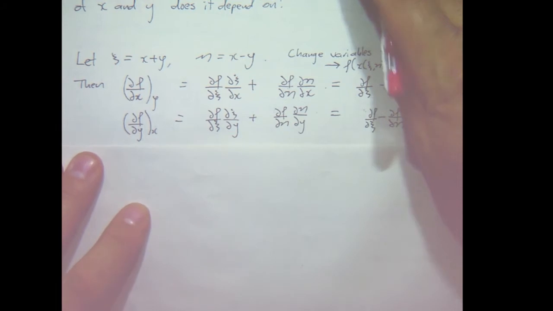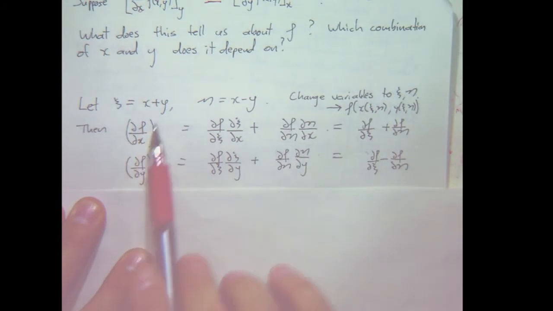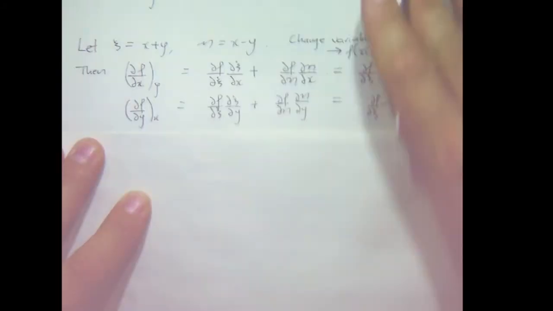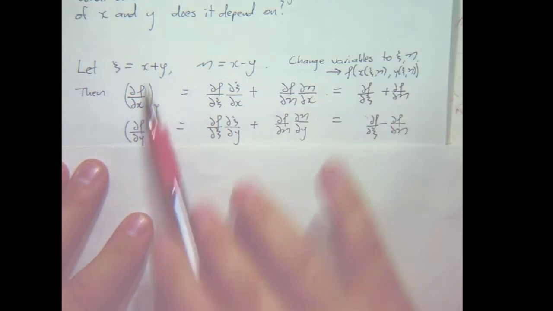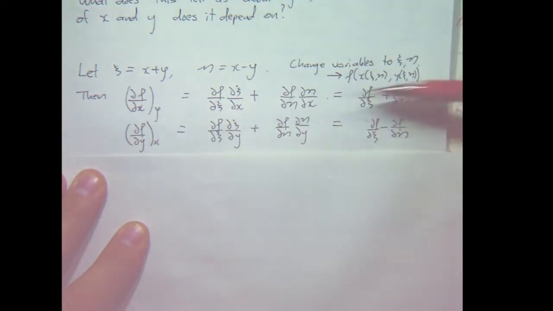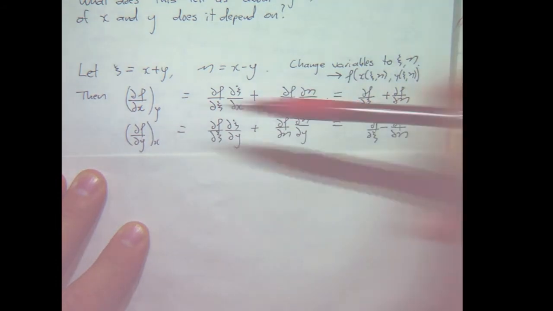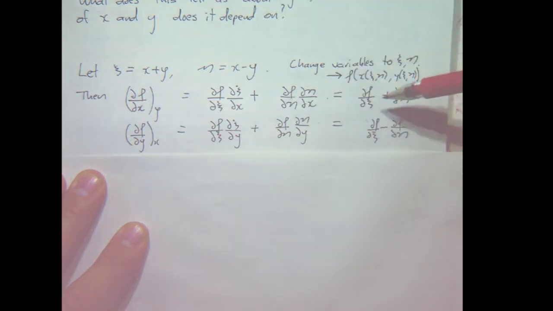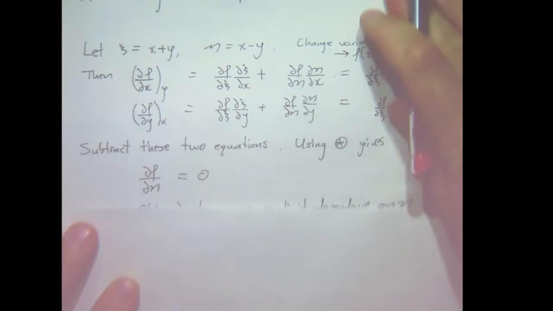And now what we know is that that equals that. So if that equals that, what I'm going to do is subtract this minus that. So df by dxi goes away, and we get 2 df by d eta equals 0.